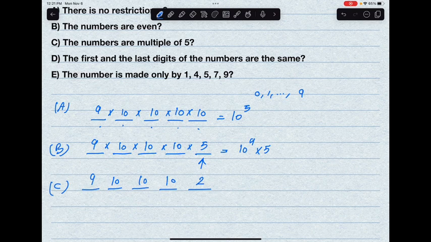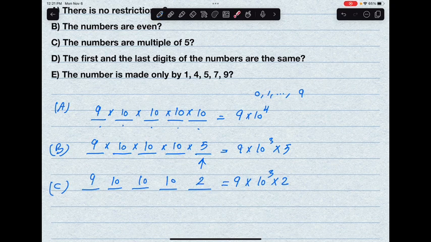So the first one is 9 times 10 to the power of 4. The other one is 9 times 10 to the power of 3 times 5. So the last one is just 9 times 10 to the power of 3 times 2.